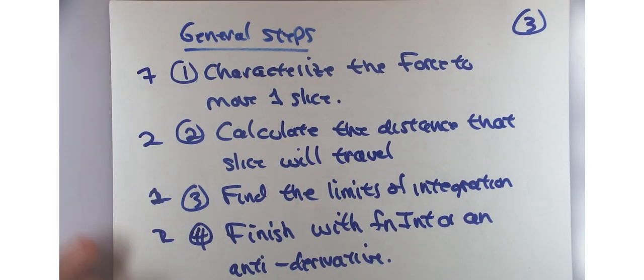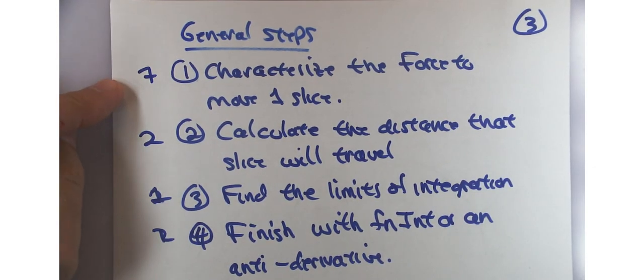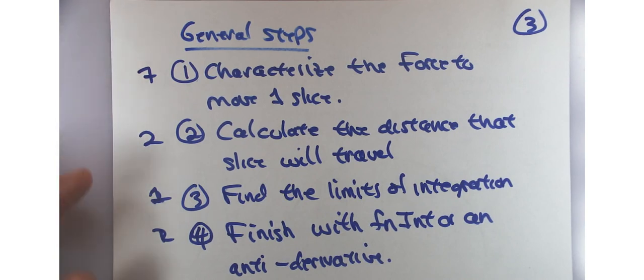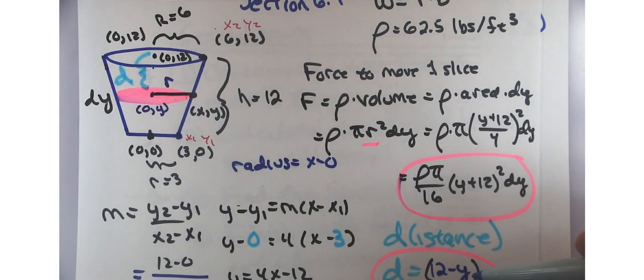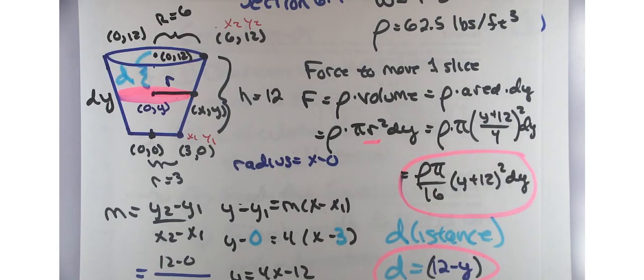So the big task for you lies in this first part, setting up the integrand. And that's going to involve a little bit with the distance. I don't think the distance is too difficult, but it is going to require some thought, and we are going to practice that distance part in example D, which is just a little tweak on this one. So I hope that helps out a little bit.